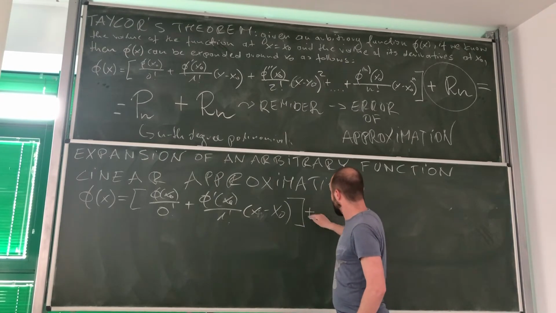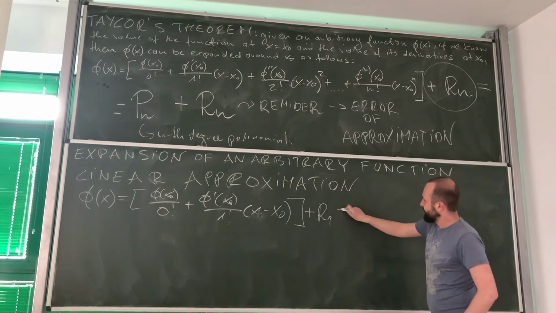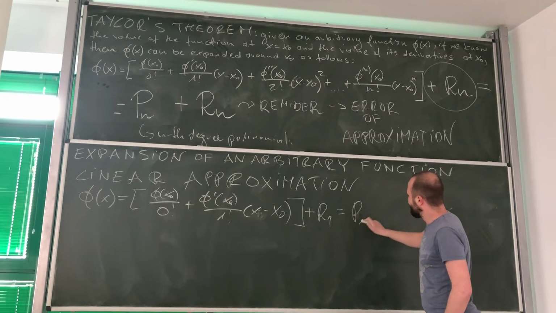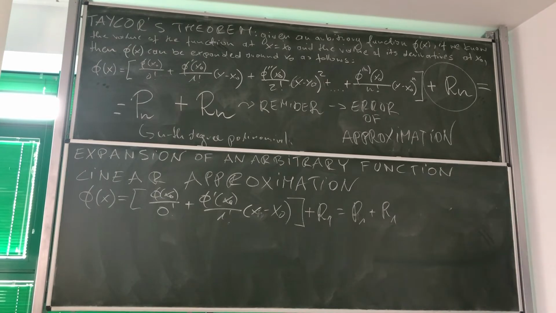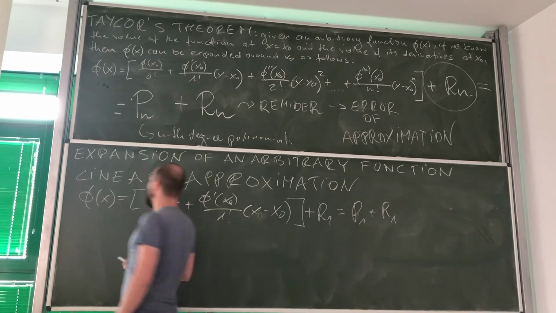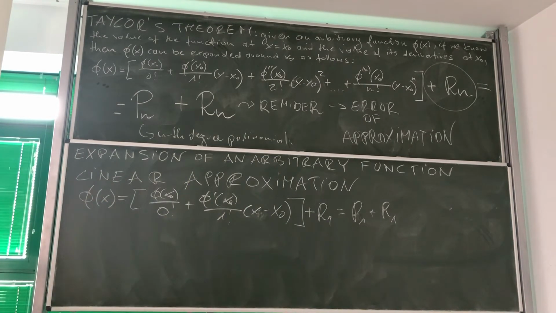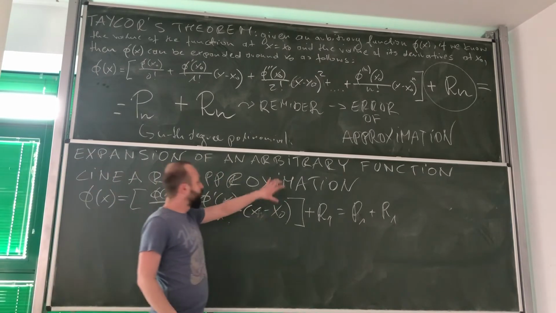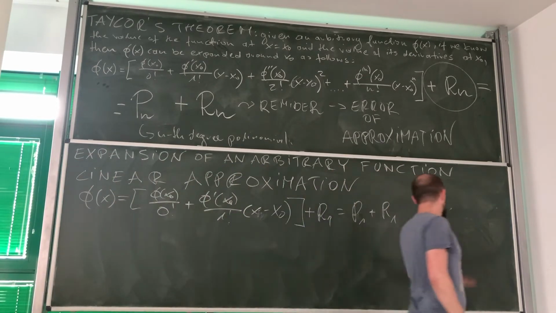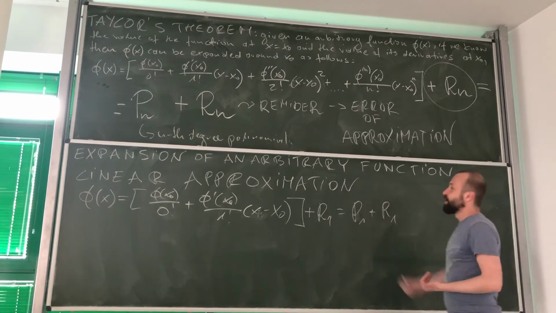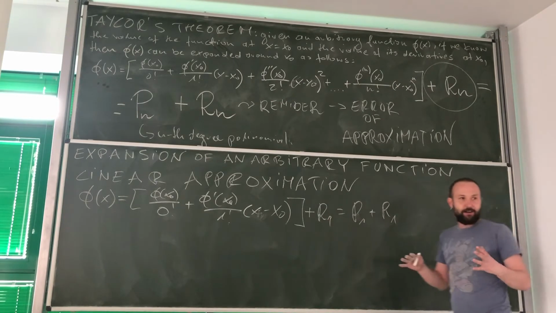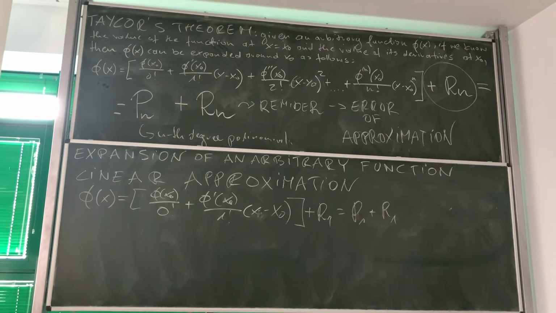But this means we're going to have in mind that this is our polynomial of degree 1 plus the remainder R1 from the polynomial of degree 1. Okay, but look, we can go further. Maybe linear approximation is not good enough, because remember, the more terms we have in the approximation, the harder it is to work with. However, the better the approximation. The more terms, the better approximation we are getting.